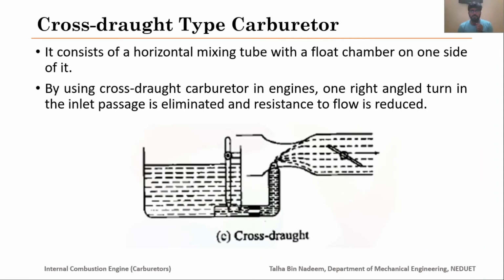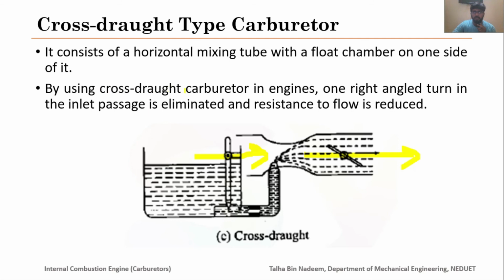Okay, in the last we have the cross draft type carburetor. Here we basically have a horizontal section, and air is coming from the left side and going towards the right side, taking the fuel along with it. So it consists of a horizontal mixing tube with a float chamber on one side.